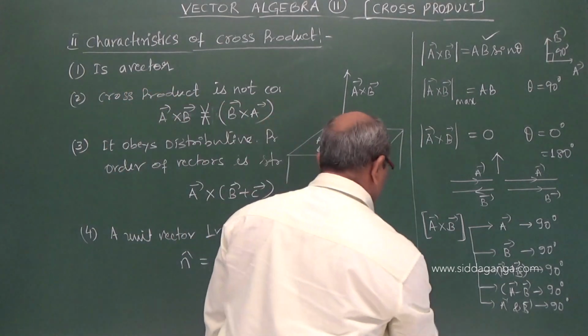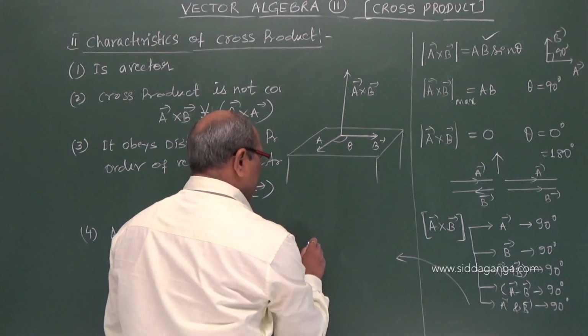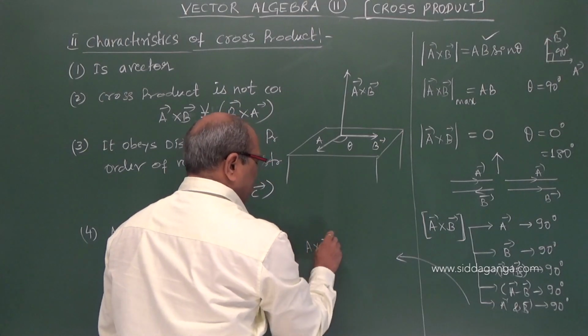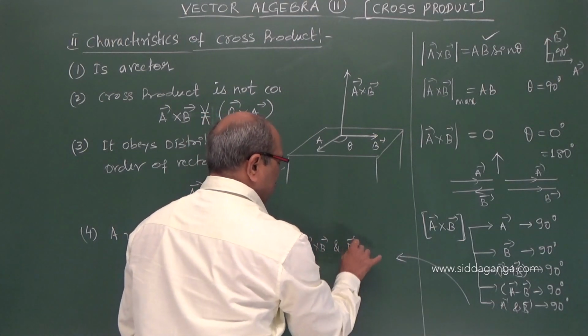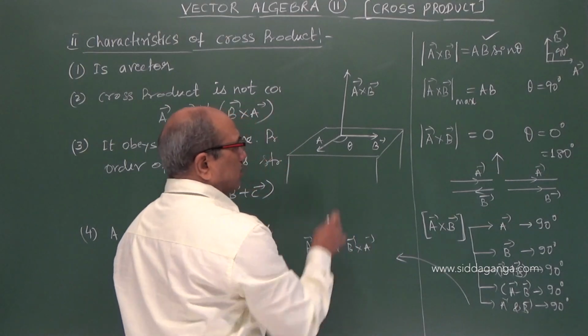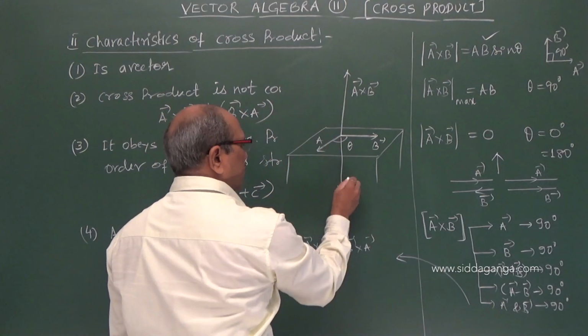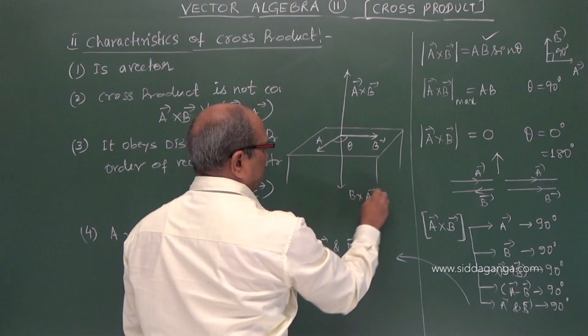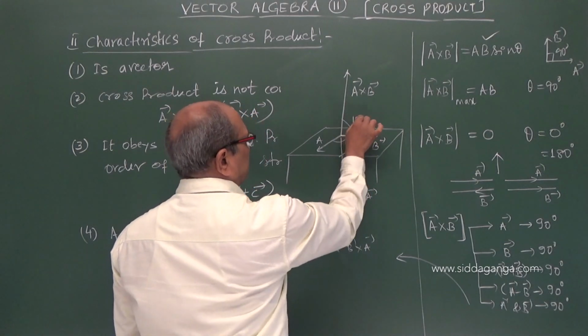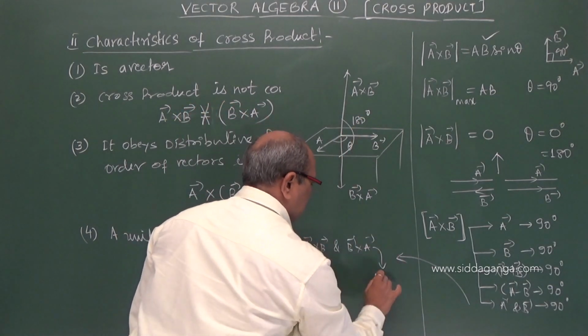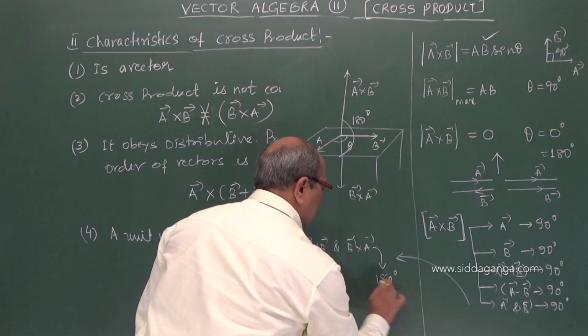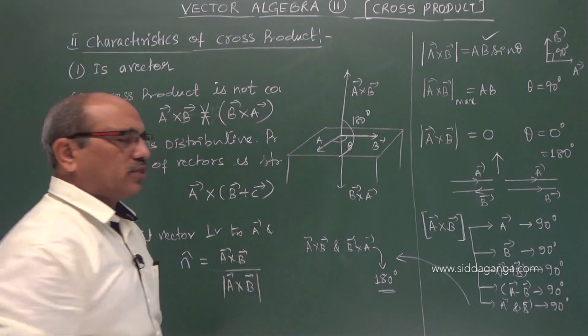And further, I can write another one: the angle between A cross B and B cross A. A cross B is upward, B cross A is down. The angle between the two is 180 degrees. So these are simple, but when asked in the entrance exam, they cause confusion.